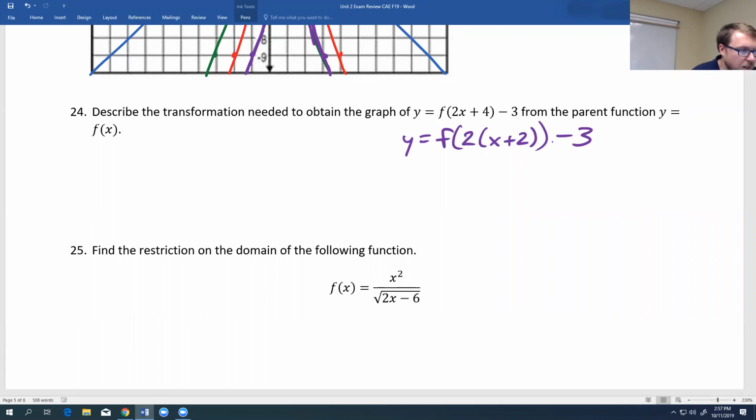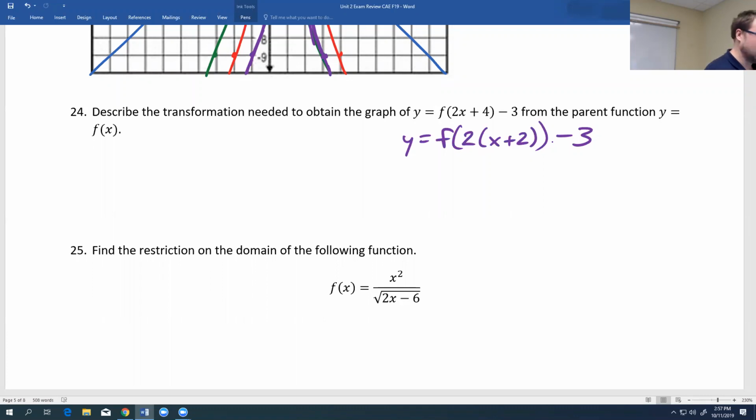So if what we did earlier was a horizontal stretch with a fraction, now we're multiplying by a number bigger than 1. So that's going to be a horizontal, what?